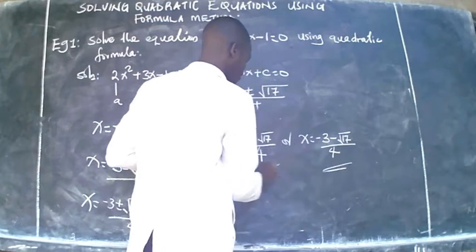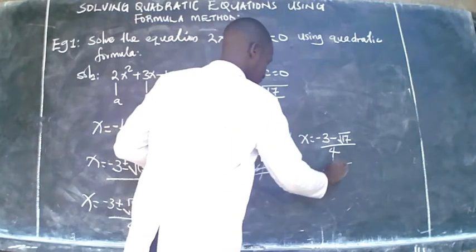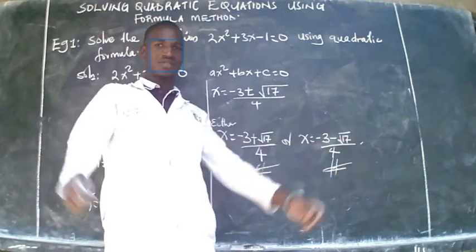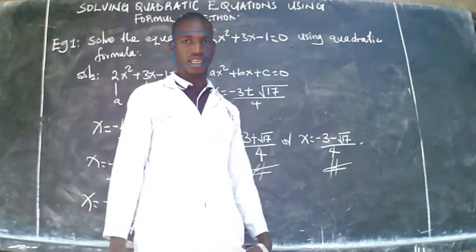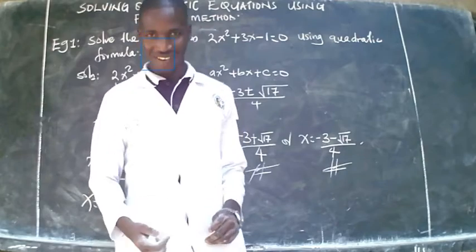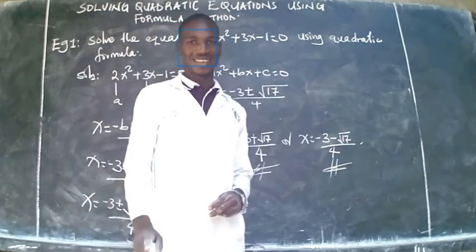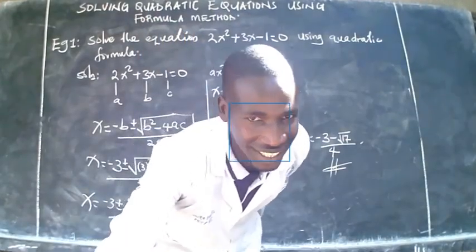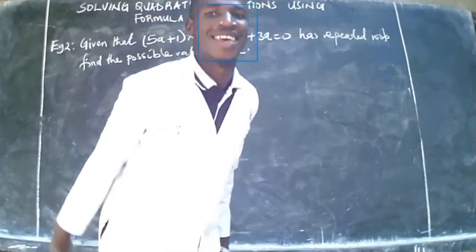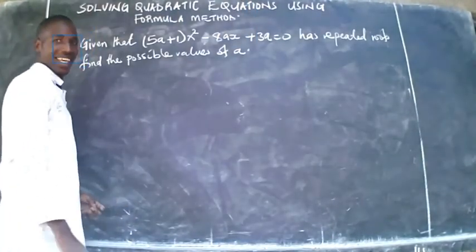These are two distinct values of x. There you will have successfully solved the equation using the formula method, or bulldozer method. Is all that simple? Yes. Let's look at example number 2.